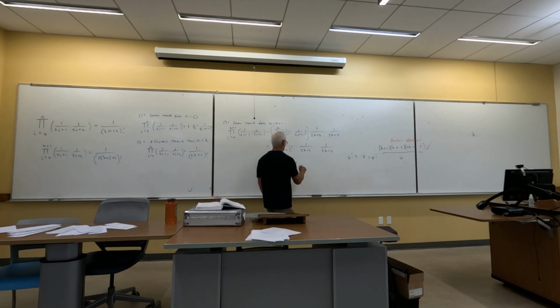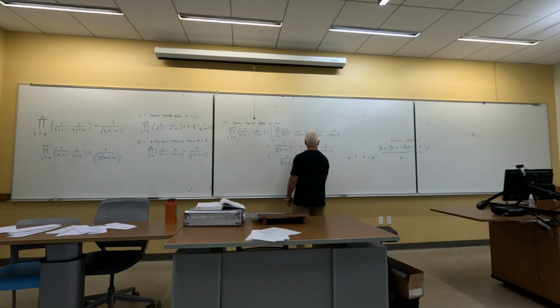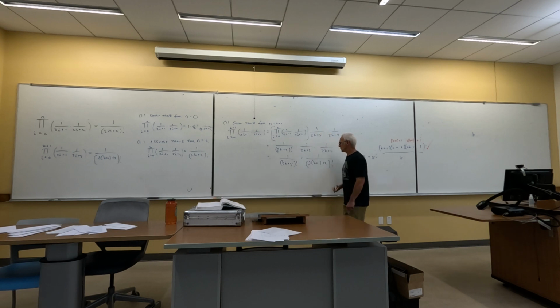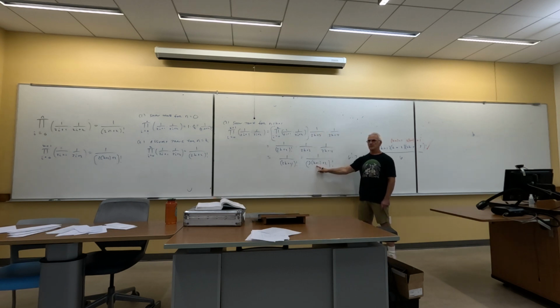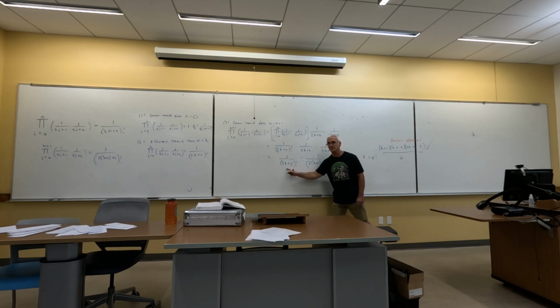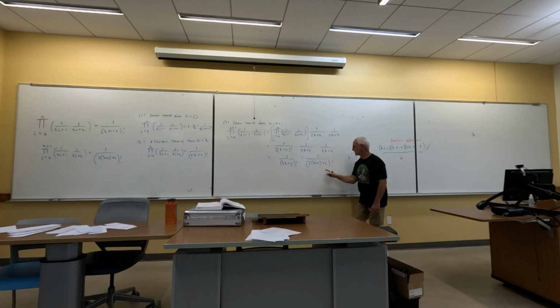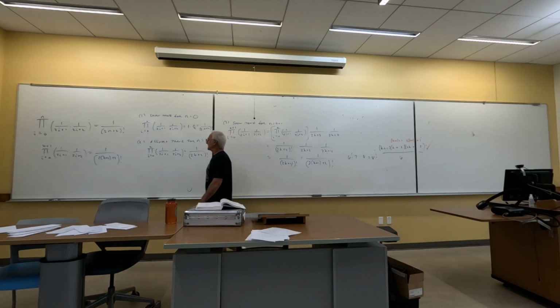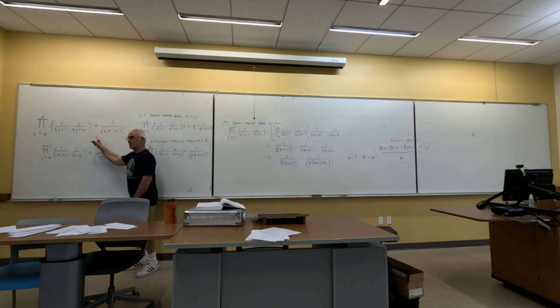Is that a good result? Well, let me go one more step. True or false? 2 times the quantity k plus 1 plus 2, is that the same as this? Now, look at that answer. Is that exactly the result we would get here if I replace n with k plus 1? So is this a good thing? Yeah. Are we done?